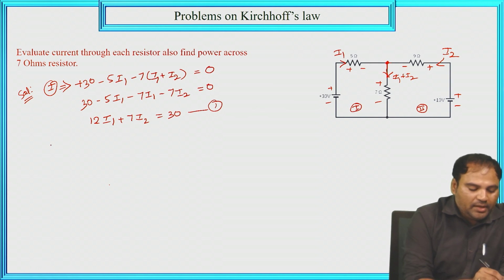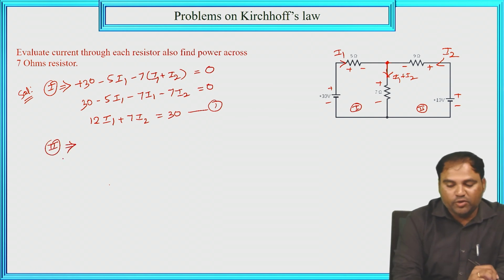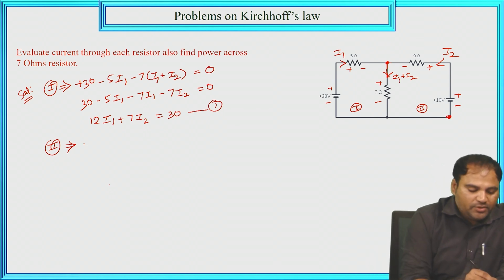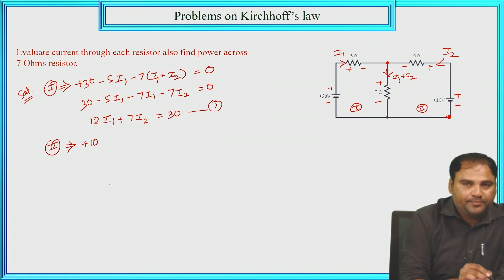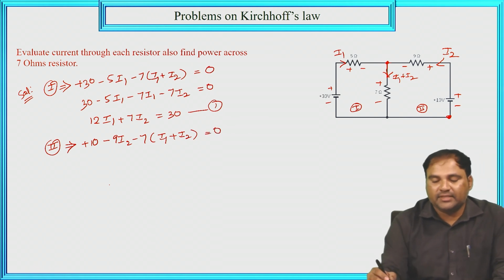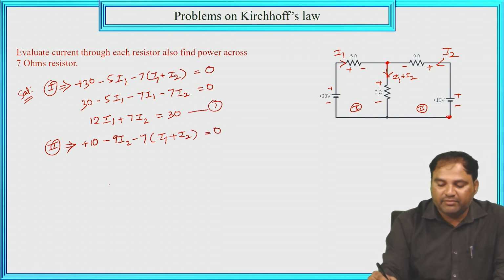Now apply KVL in the second loop. For the second loop equation, I am starting from this point, and we will go in the anti-clockwise direction.